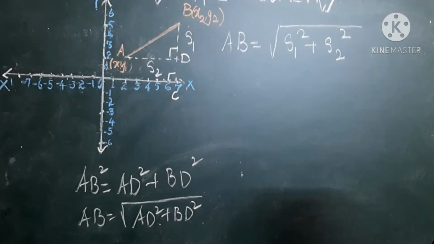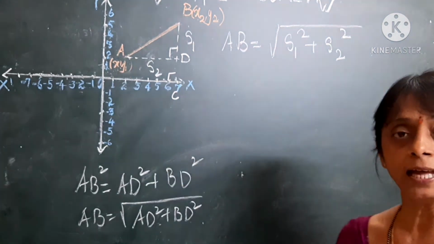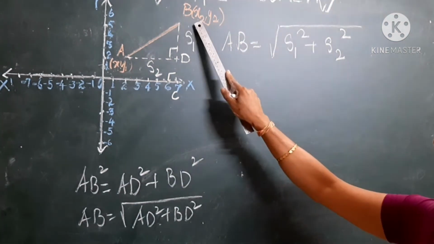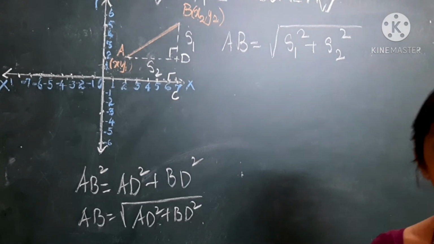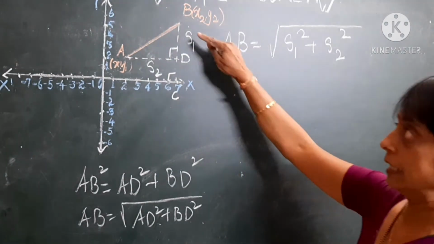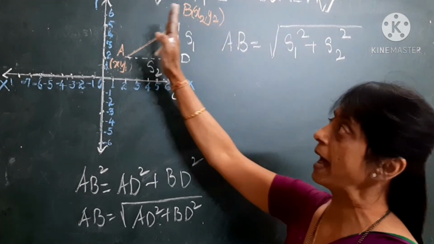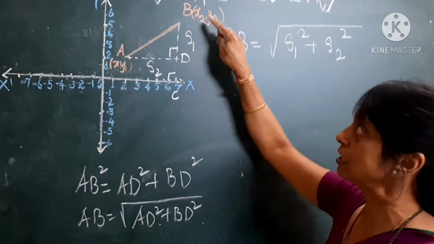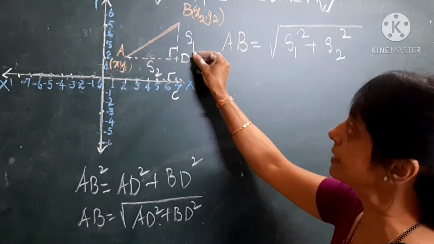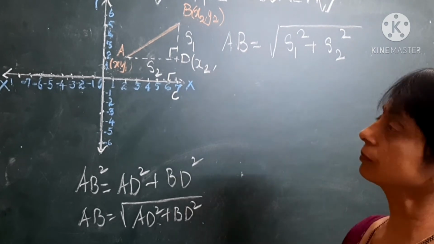If we look into the coordinates, point A is given as x1, y1, and the coordinates of point B are given as x2, y2. Let's find out the coordinates of point D. If we look at segment BD, it is parallel to the y-axis, so the x-coordinate remains the same. So the x-coordinate will be x2.